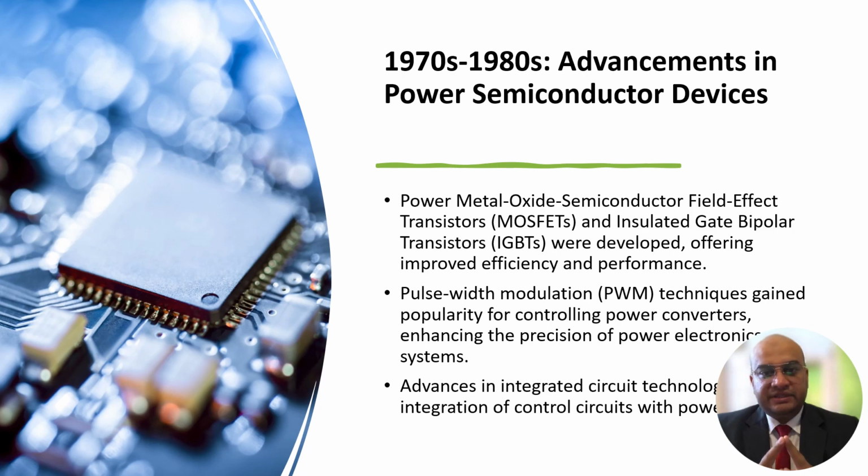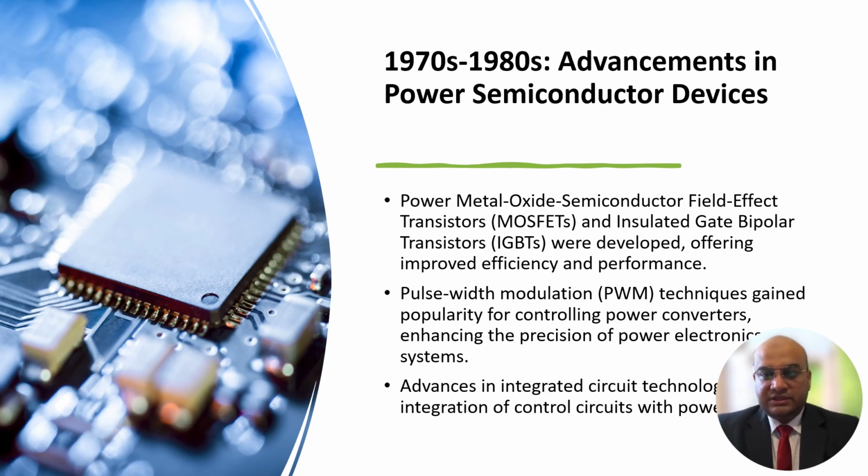During the 1970s and 1980s, it was the time to see the advancement in the area of power semiconductor devices. Power MOSFETs or metal oxide semiconductor field effect transistors and insulated gate bipolar transistors or IGBTs started to see their development during this phase, offering improved efficiency and performance over earlier device capabilities.